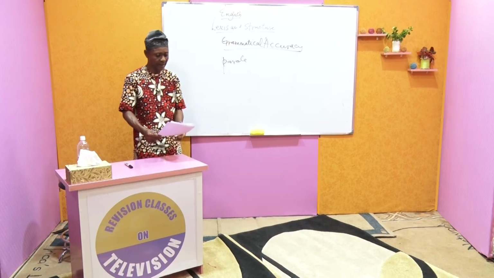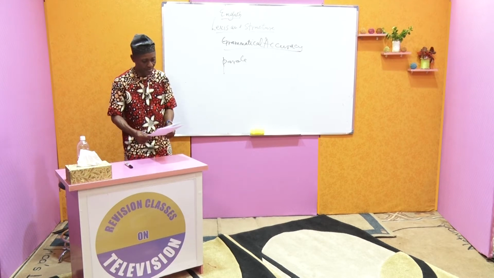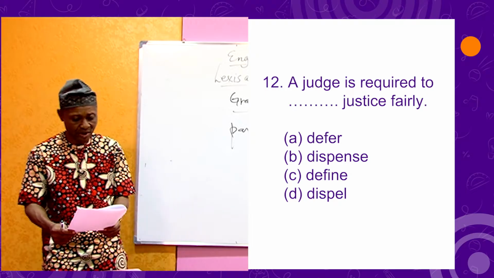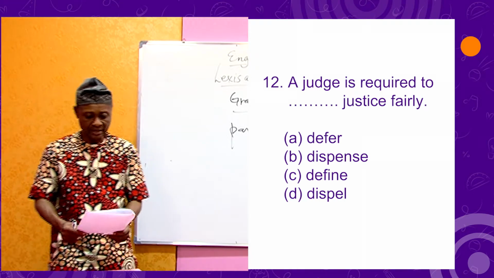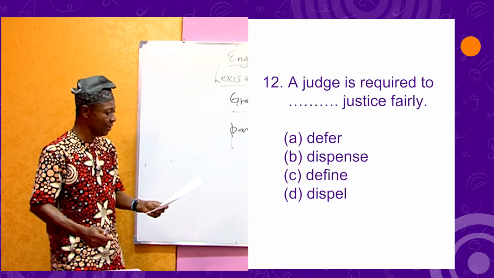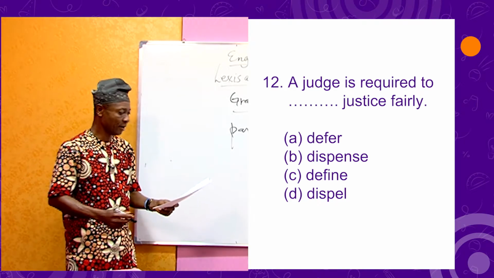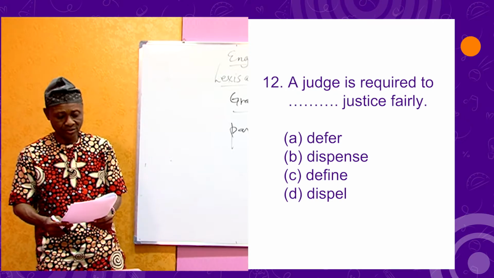Now we go to the next one. The next one is question number 12. A judge is required to dash justice fairly. And we have the options like this. Option A is defer. Option B is dispense. Option C is define, while option D is dispel.